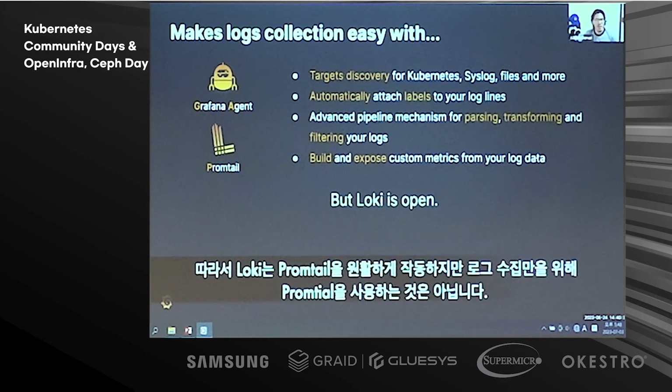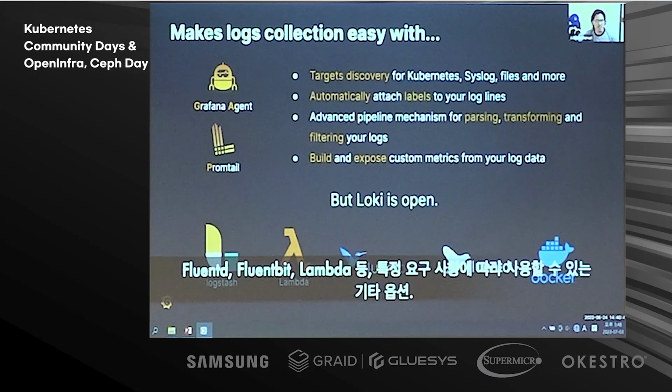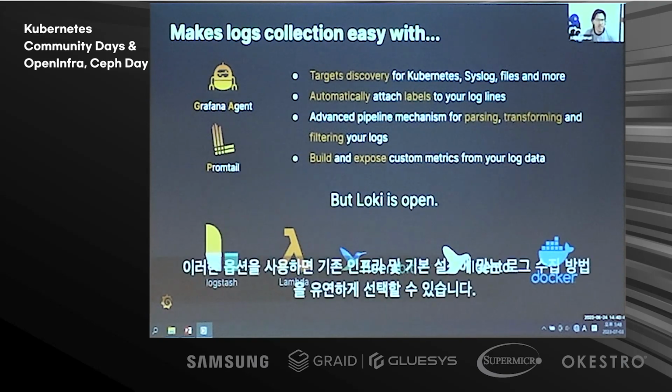Though Loki works seamlessly with Promtail, it is not limited to just using Promtail for log ingestion. There are other options available depending on your specific needs, things like using Fluentd, Lambda, or many other things. These options provide flexibility in choosing the log ingestion method that aligns with your existing infrastructure and preference.